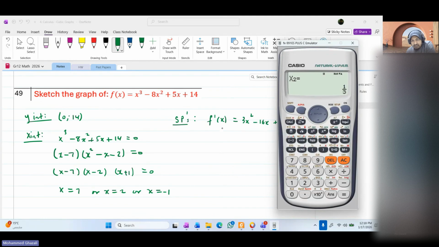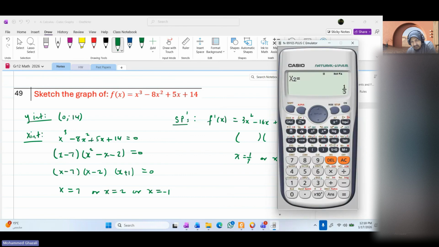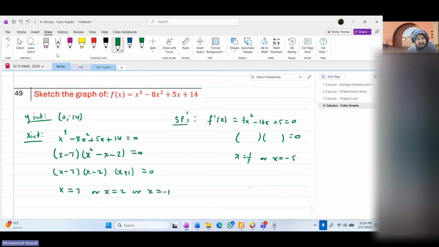Yeah, it does work out. x equals 1/3 or x equals 5, not minus 5. So bring that over and you're going to get 3x minus 1, and x minus 5. Remember to multiply because we have a denominator.